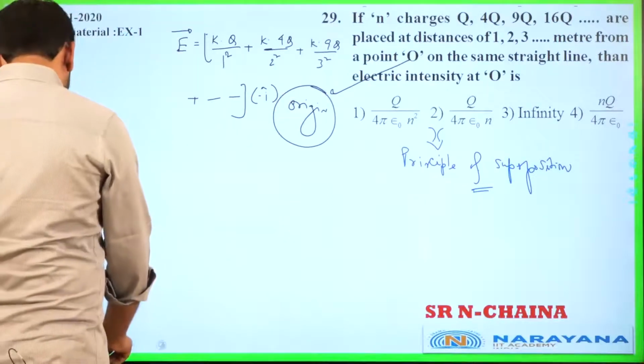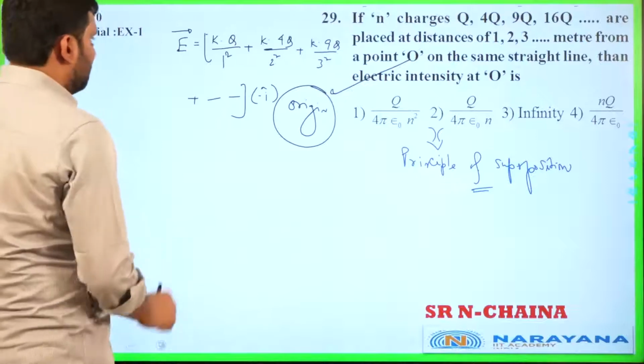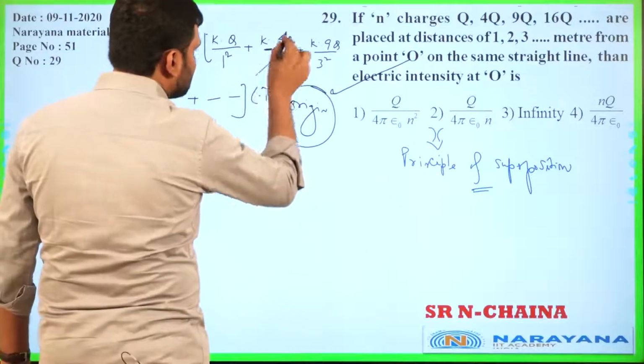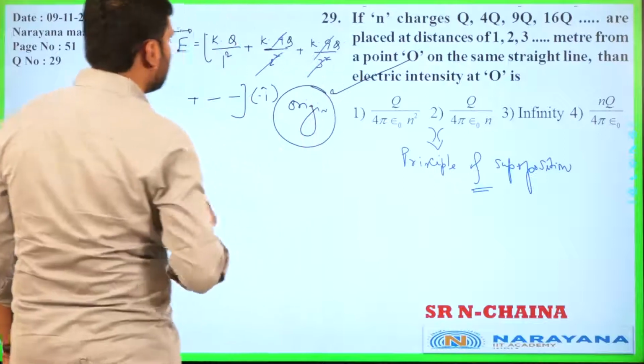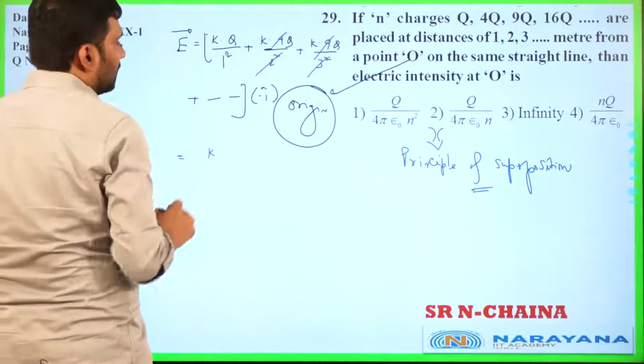Now you check, a very delicate thing came. What came? These are all cancelled factors. This and this are cancelling. So how much are you getting actually?